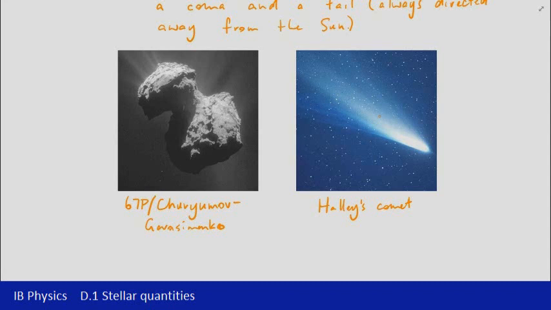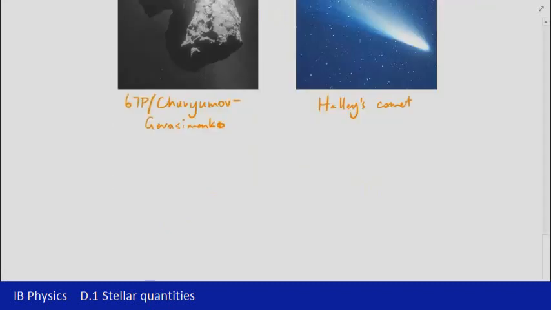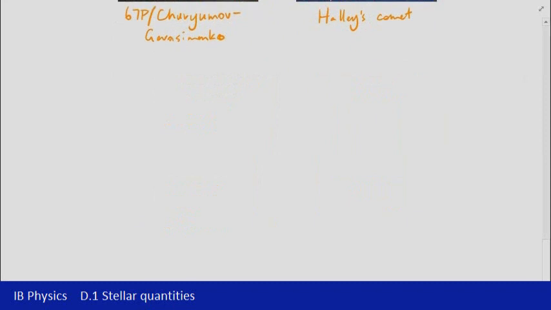So the last thing that we need to talk about in terms of objects is basically grouping all of that together. It's a planetary system. Now, a planetary system, as I said, grouping all that stuff together, is a set of gravitationally bound objects, and that can include planets, asteroids, comets, and so on and so forth.